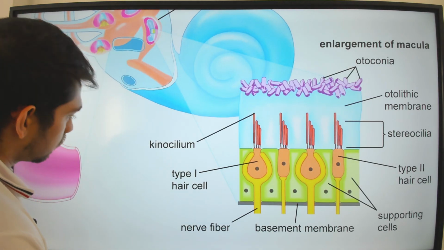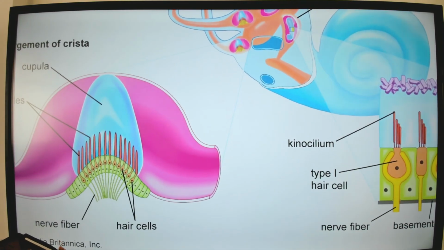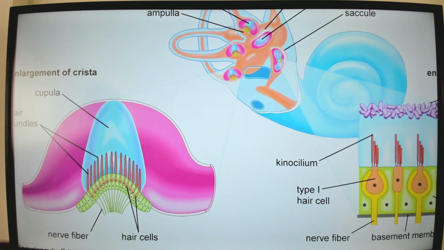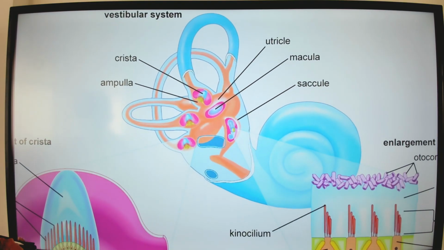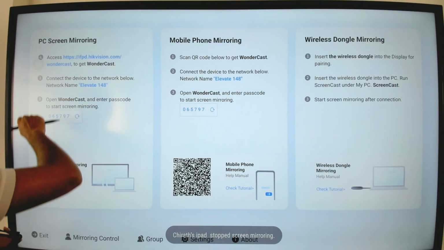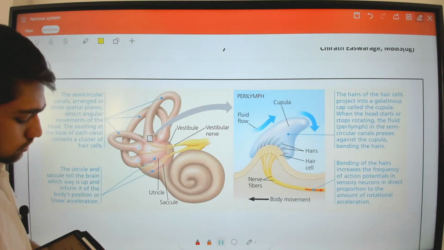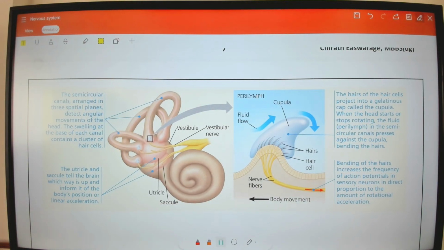Then there's a separate mechanism for how semicircular canals work. I'll explain it with the other diagram that we had. Okay, clear? Come back to the tute. I will send this diagram to the group so that in addition to the one in the tute, you have this diagram as well.